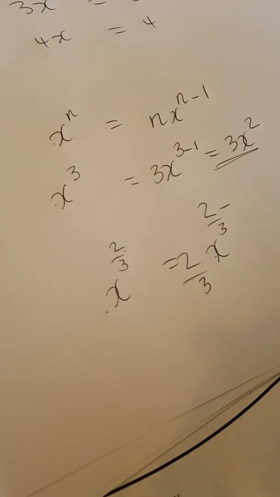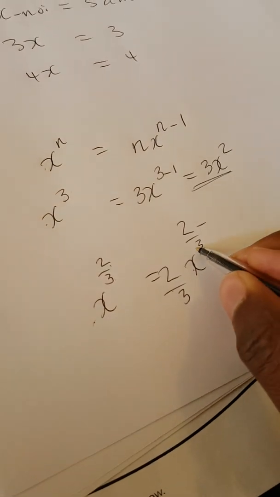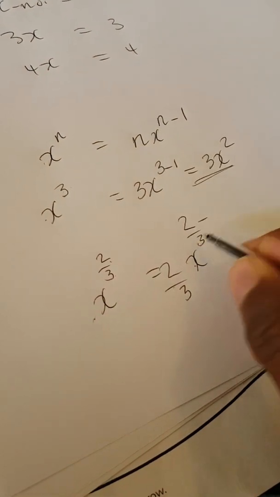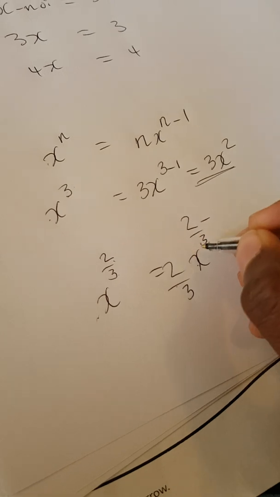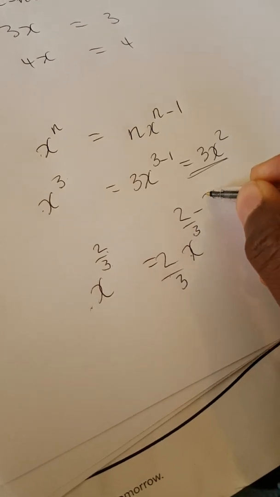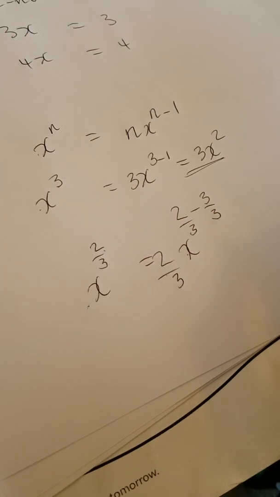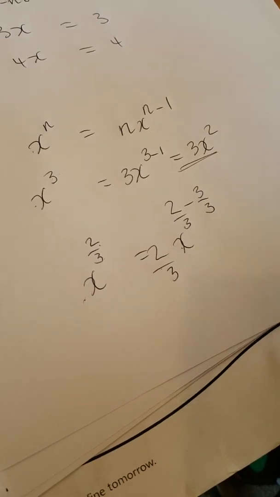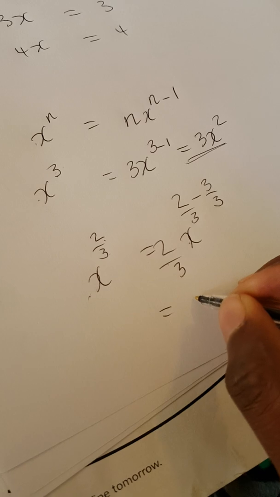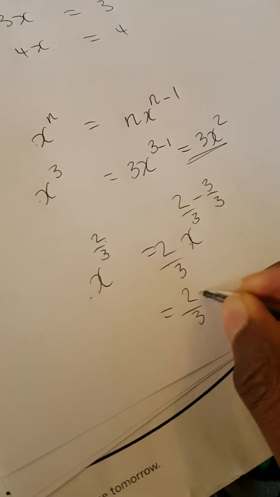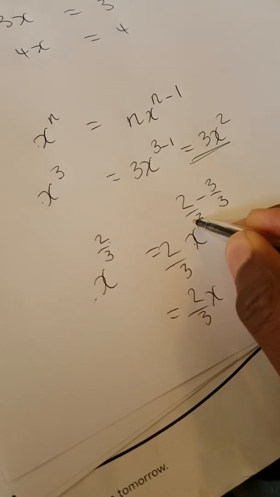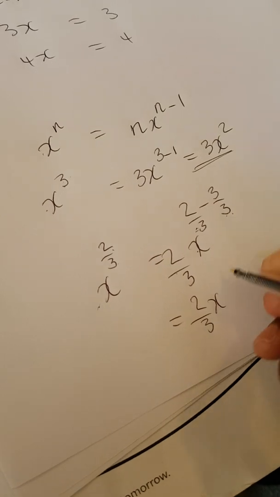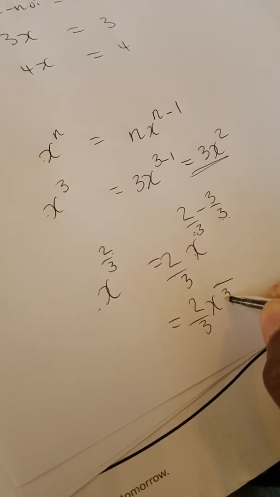It is because the denominator of the fraction determines your 1. So if the denominator is 3, it will be minus 3 over 3. If your denominator was 5, it was going to be minus 5 over 5. And then your answer will be 2 over 3x to the power of, look, the denominators are similar, so our denominator will remain the same.